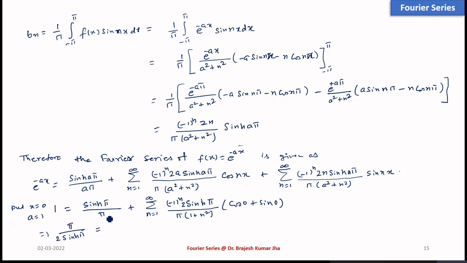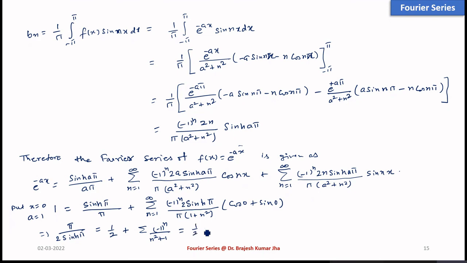So it will be equal to 1 by 2 plus, what we left, cos 0 is 1, sin 0 is 0, sinh pi upon pi, that you have taken this side. So what we left, minus 1 to the power n upon 1 plus n square only. Summation minus 1 to the power n upon n square plus 1 only left.